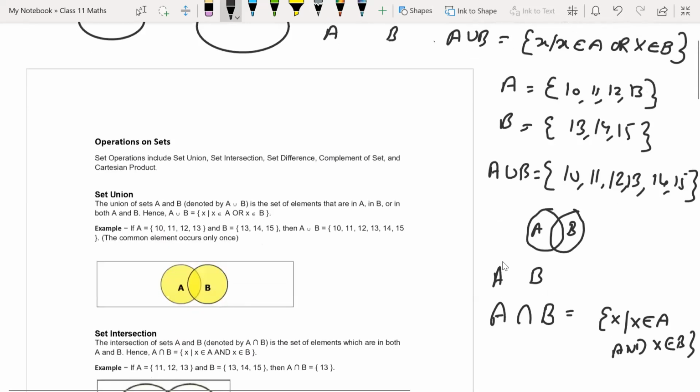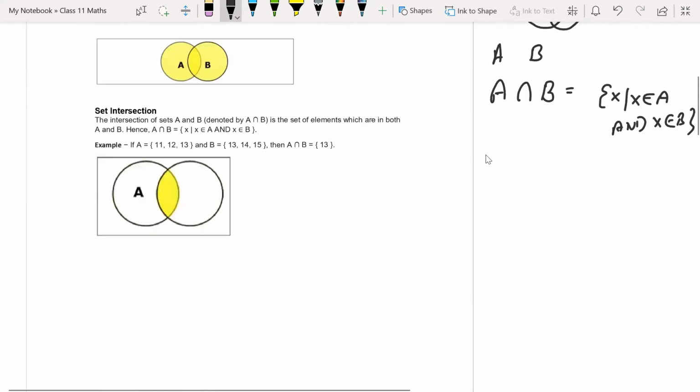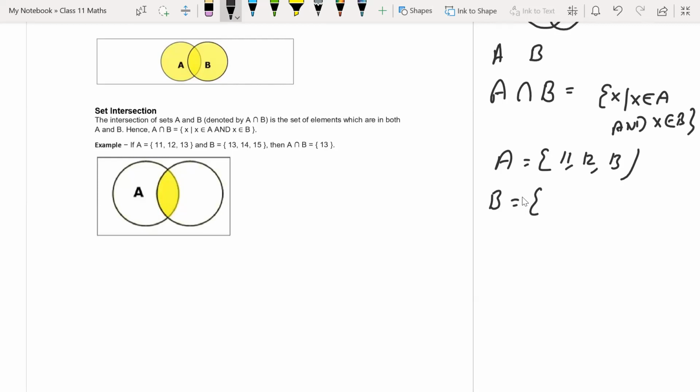Similarly, if set A has elements 11, 12, 13, and set B has elements 13, 14, 15, then what is the common element? A ∩ B is equal to 13, because only one element occurs in both, that is 13.